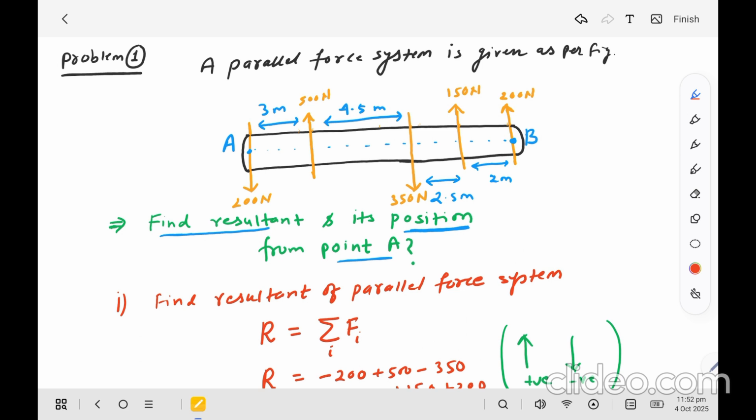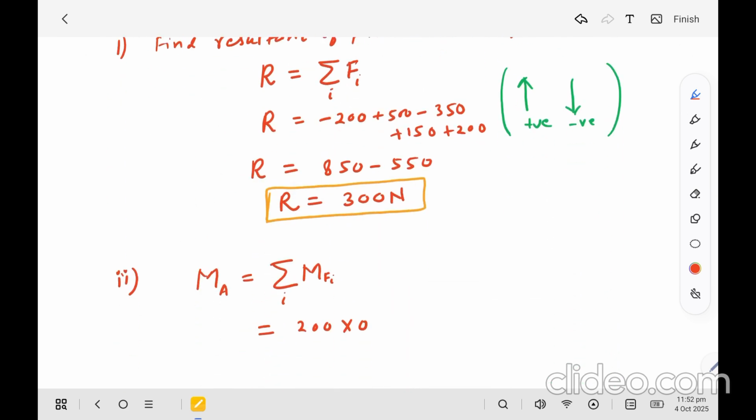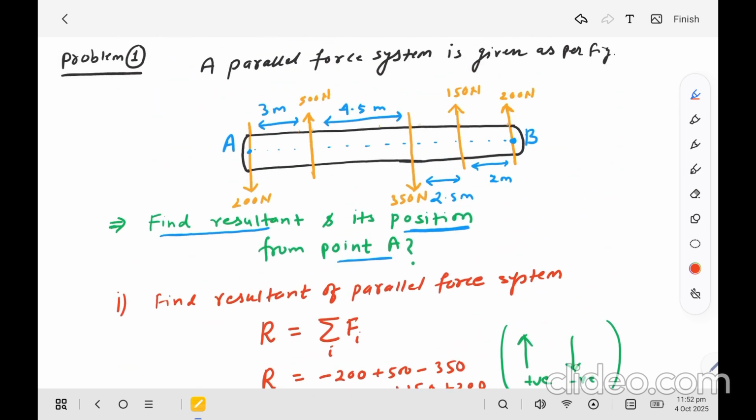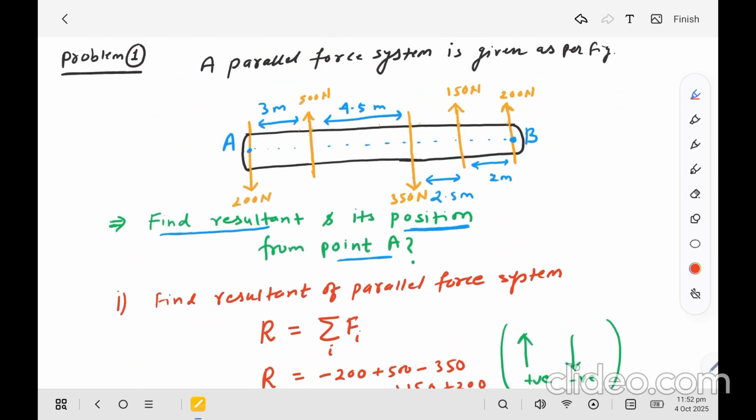The moment of the 500 Newton force will be 500 times the distance, which is 3 meter, the perpendicular distance from the force to point A. This force has a tendency to rotate the body in the anti-clockwise direction.